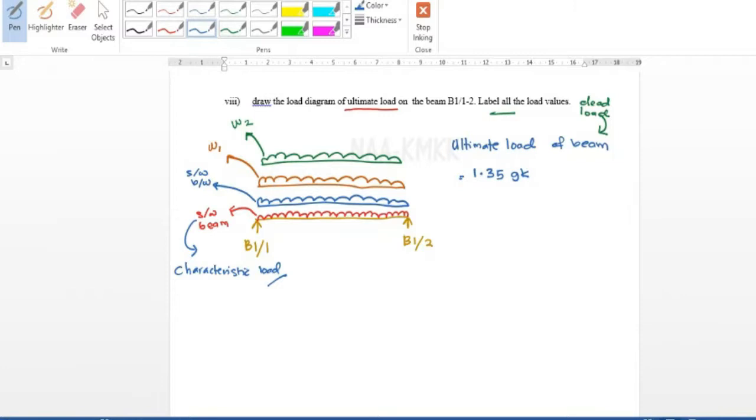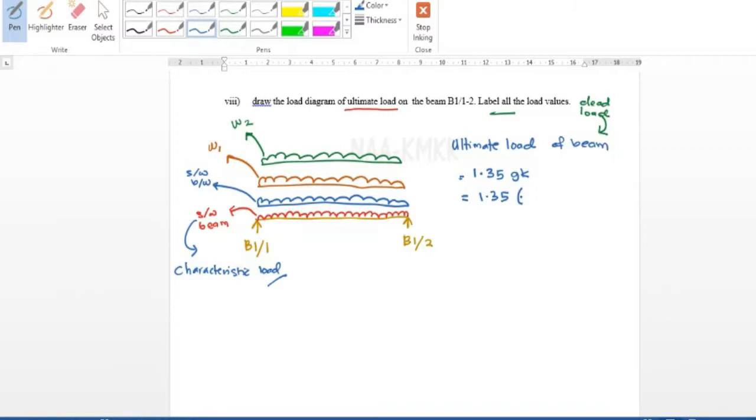Is there 1.5 Qk? No, because the beam is dead load. There is no imposed load on the beam, only the slab has an imposed load. So 1.35 Gk.